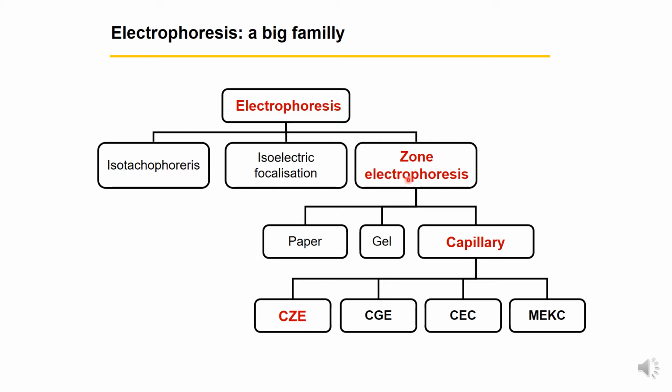And we can perform this zone electrophoresis in different formats: with paper, with gel electrophoresis, or capillary electrophoresis. And in my lecture, I will speak about capillary electrophoresis, which is a miniaturized method.